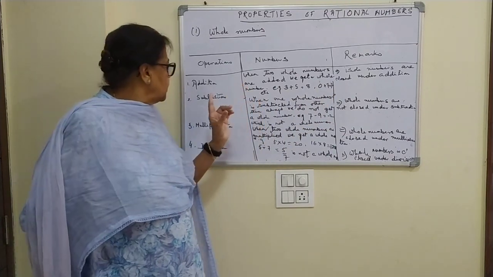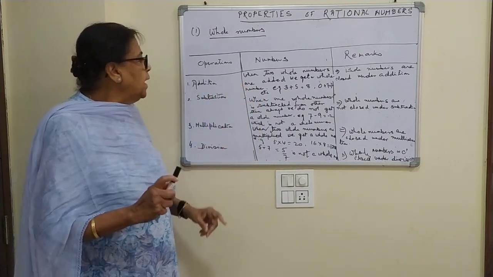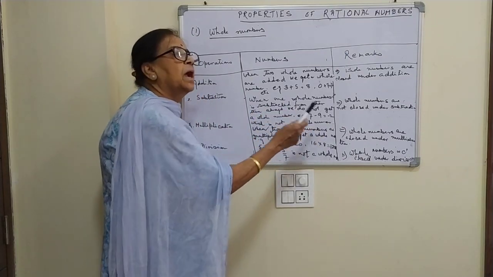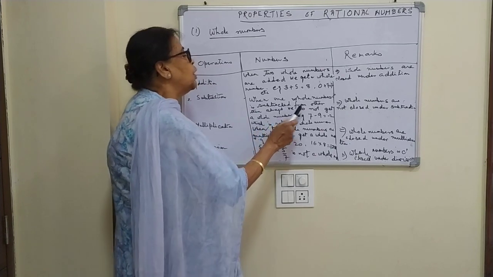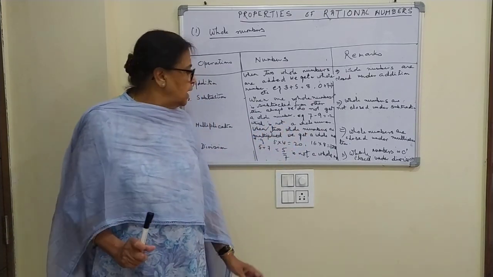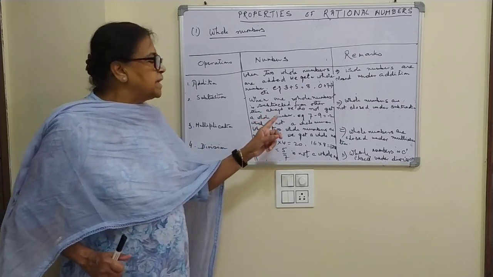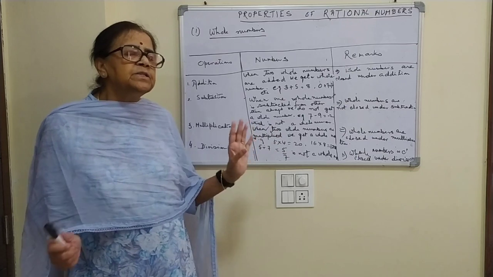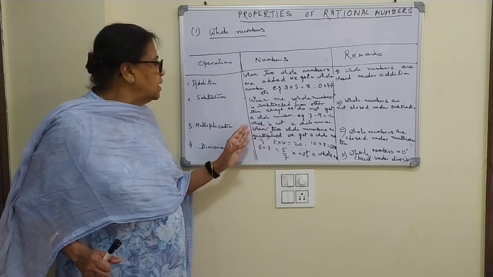Okay? Now subtraction. When one whole number is subtracted from another, we do not always get a whole number. For example, 7 minus 9 is minus 2, which is not a whole number.